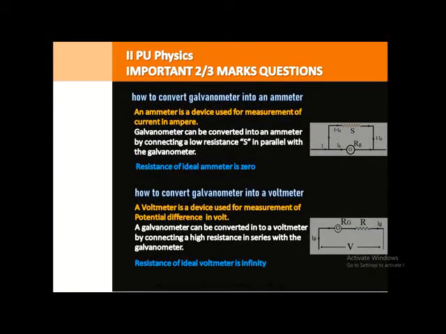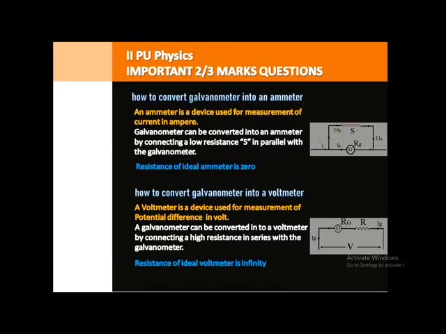Then they are asking how to convert a galvanometer into an ammeter. An ammeter is a device used to measure current, measurement of current in ampere. This galvanometer can be converted into an ammeter by connecting a low resistance S in parallel with the galvanometer. Then the resistance of an ideal ammeter is 0.